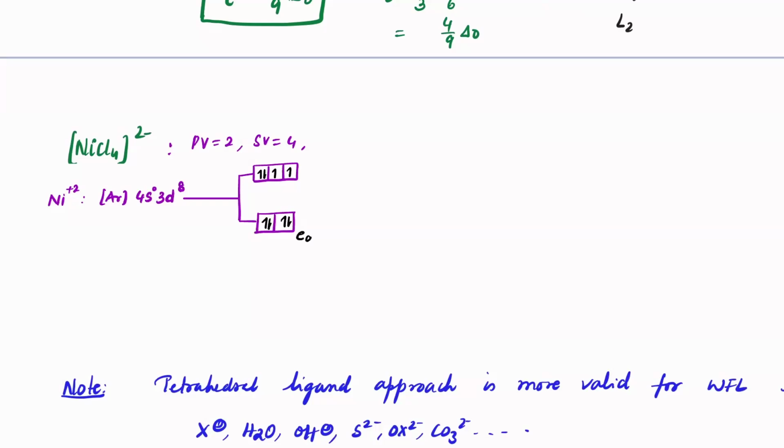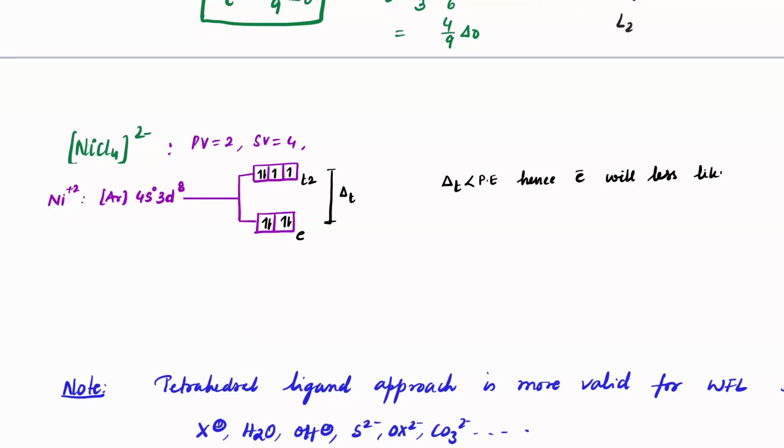Eg and T2 are the two sets of orbitals, and the splitting energy between them is delta T. Now you know that this delta T value will always be less than the pairing energy, correct? Hence, electrons are less likely to be paired.